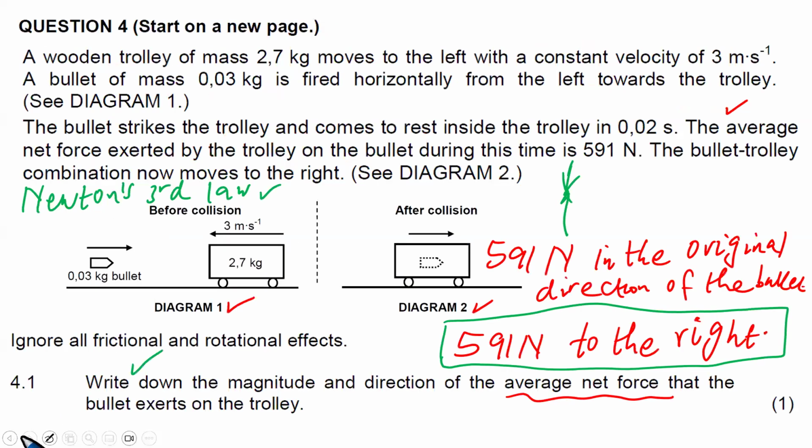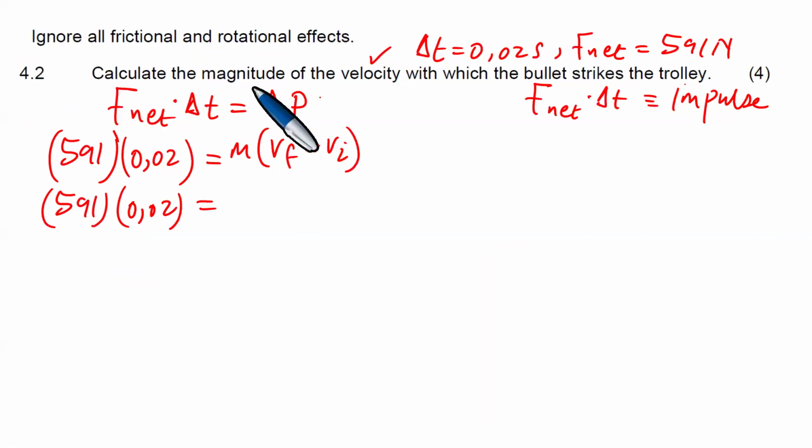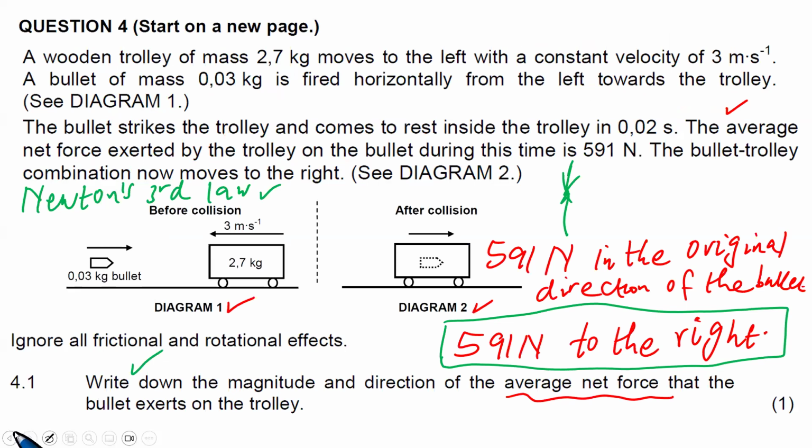Remember, we want the magnitude of the velocity with which the bullet strikes, and we know that a wooden trolley of mass 2.7 kilograms moves to the right with a constant velocity.